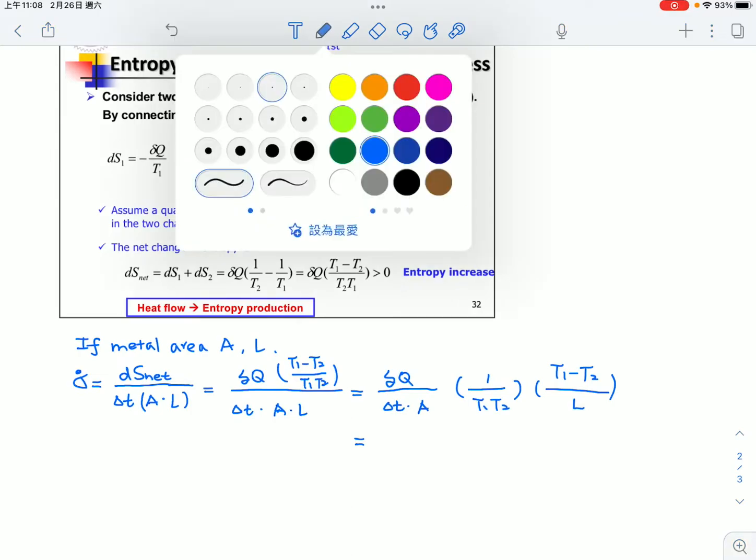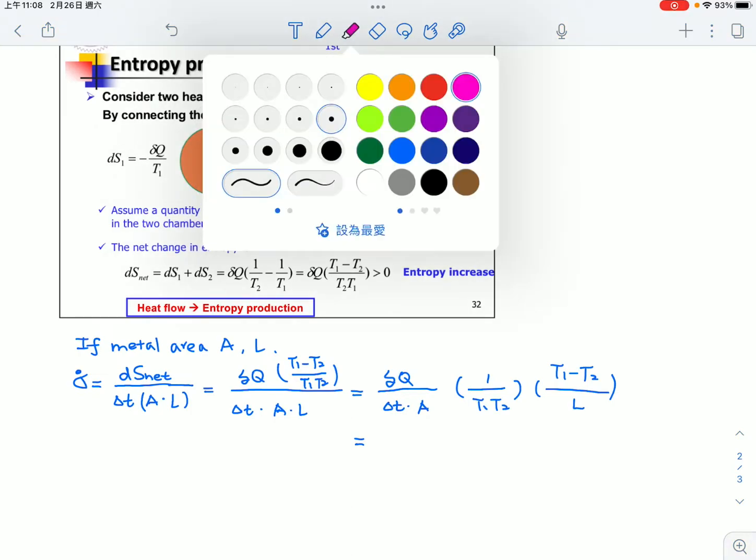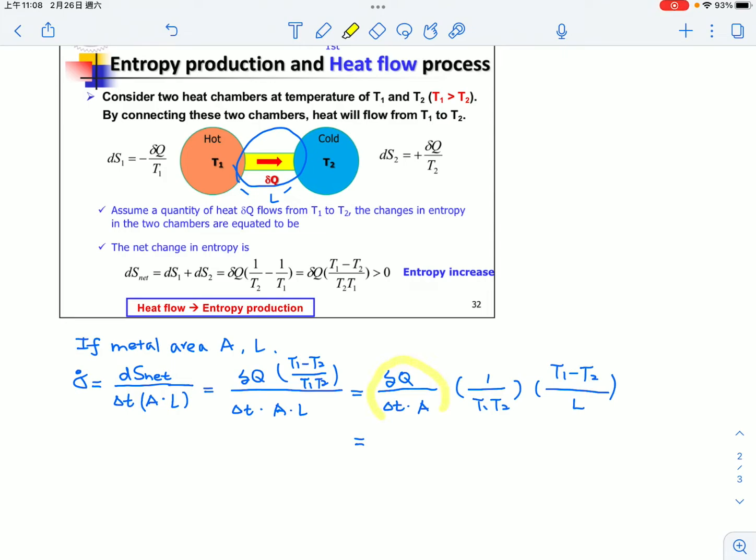So what does this mean? It is the change of the heat per unit time period per area. So actually this is heat flux or heat flow, right? J sub capital Q. And the rest of the part is T1 times T2.